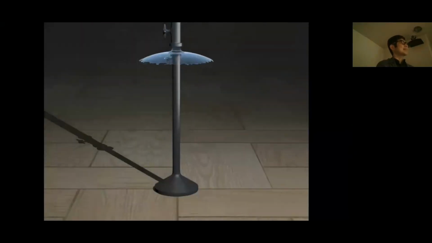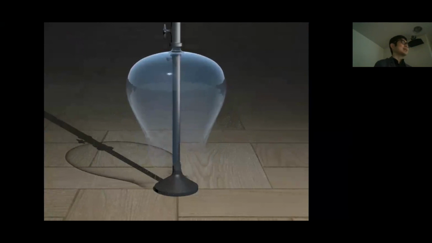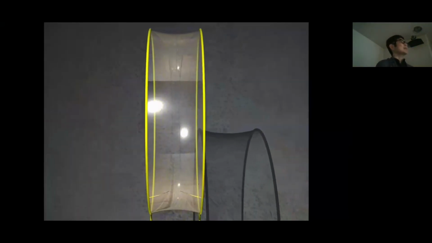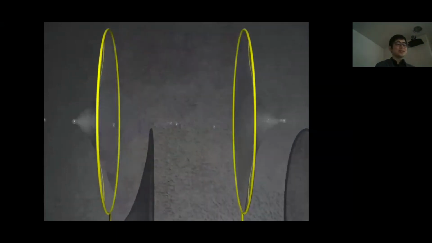This is something called a water bell. There's some phenomena discovered by a fluid mechanist, John Bush, at his lab at MIT, and we try to simulate these phenomena by using our new data structure.